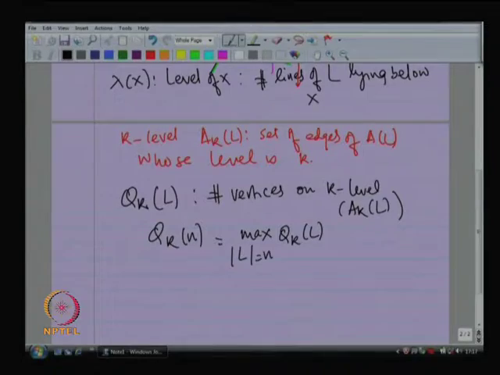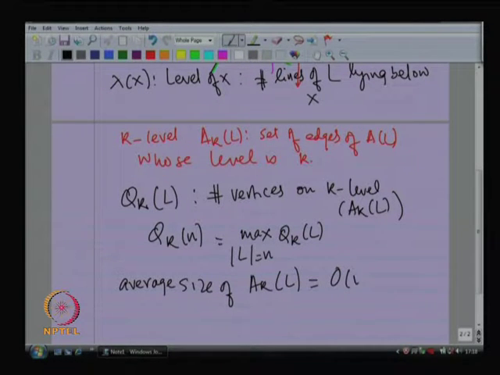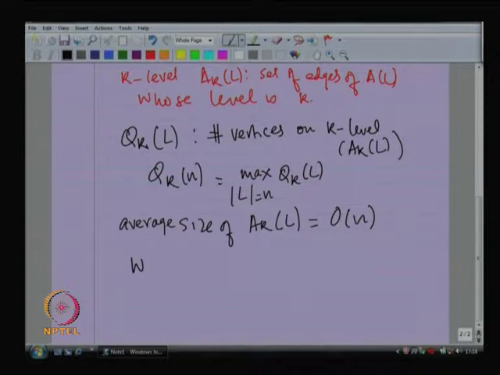This is the maximum complexity of a k label. What I said was that the average size of the k label is linear, but the question is what is the worst case complexity.